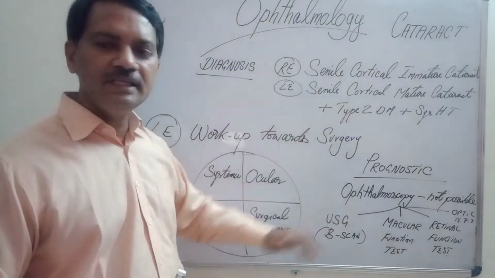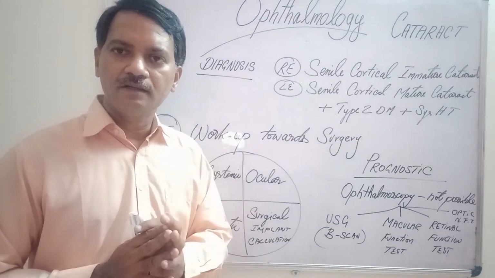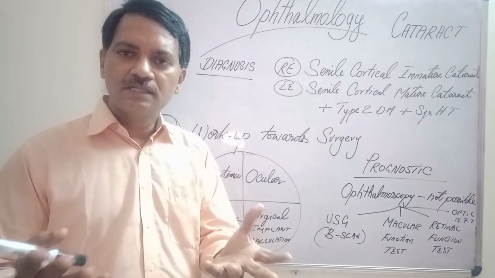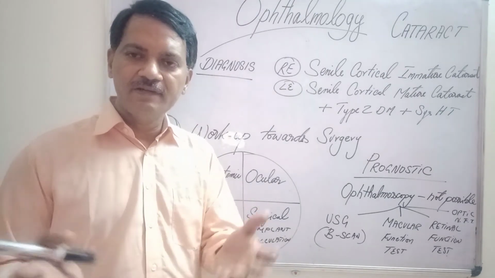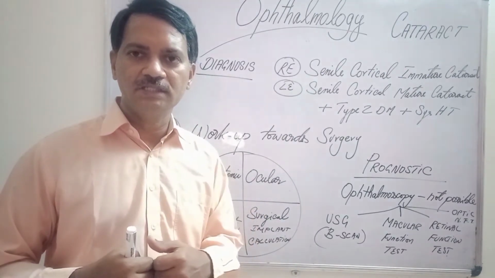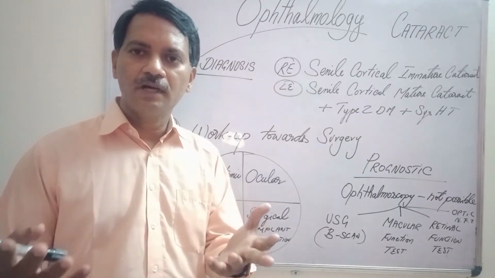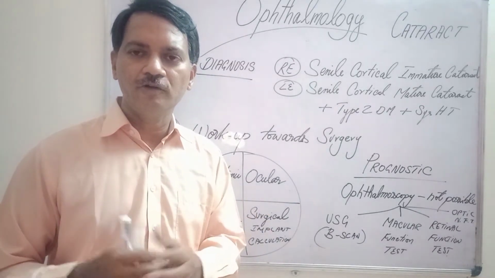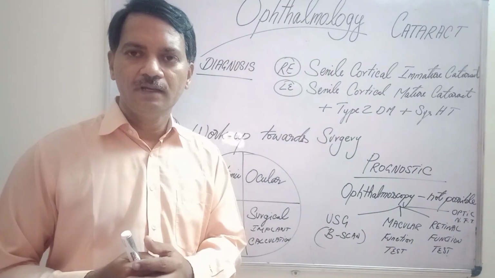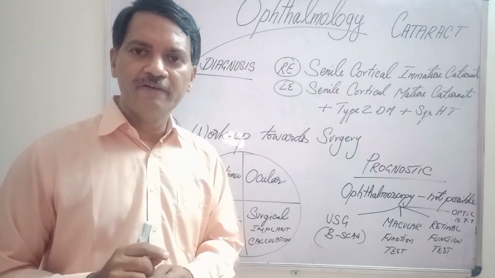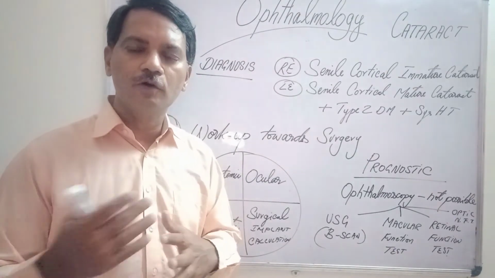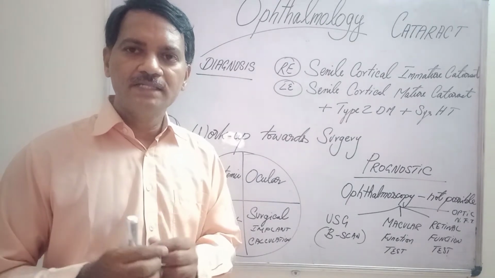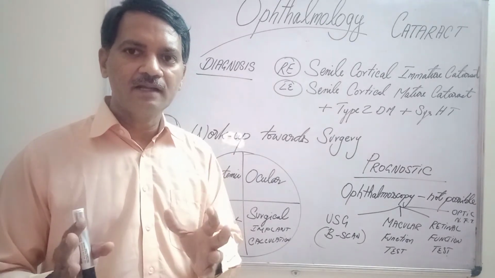When you cannot see the posterior segment, if the patient asks whether I will get back the vision following surgery, you cannot tell the patient exactly what the outcome will be. So it is our duty to evaluate the patient further to tell the patient what we expect after surgery.